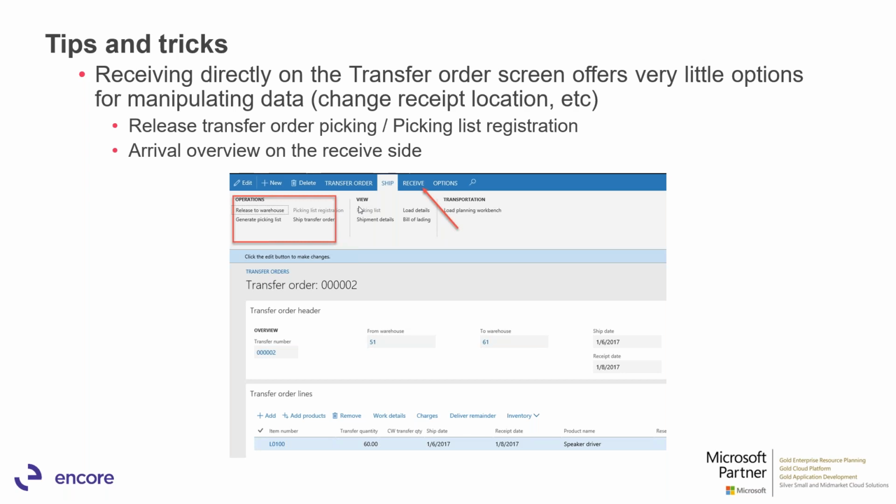If any modification to default receiving locations or quantities needs to be done, it also has to be done line by line through the registration form. So that becomes really, really cumbersome. So make sure that if you use transfer orders and you use them in the right context, you design your warehouse receiving and warehouse shipping processes to deal with the transfer orders.